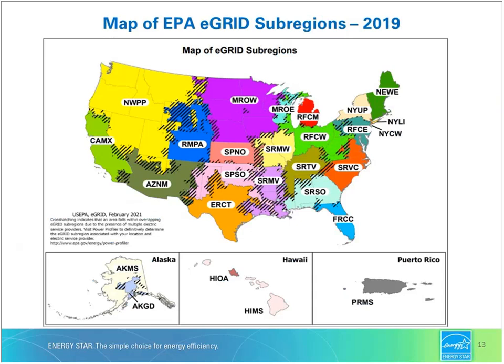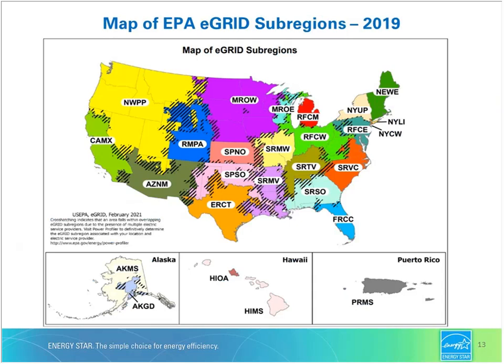However, in accounting for electricity, the emissions factor associated with your electricity consumption will depend on the region, or in this case, actually specifically the sub-region in which your building is located. And these subregions are defined by the US EPA's Emissions and Generation Resource Integrated Database, or eGrid.